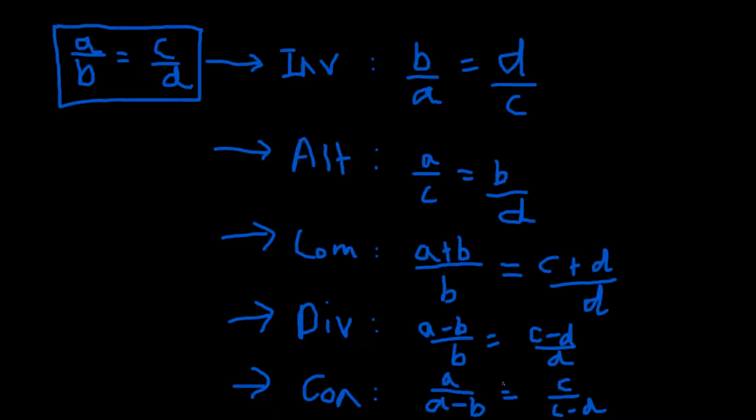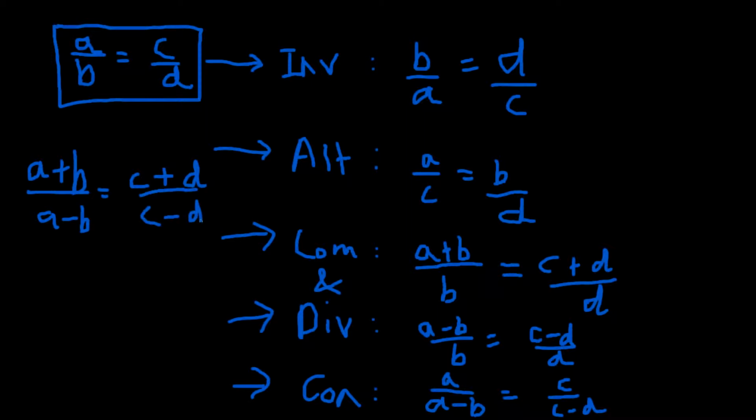Now, the most important part, the most important concept that you need to know in this chapter is called componendo and dividendo. So, combining these two, componendo and dividendo. So, again, it's a function. What it does is A plus B upon A minus B is equal to, you can guess what this part will be, C plus D upon C minus D.